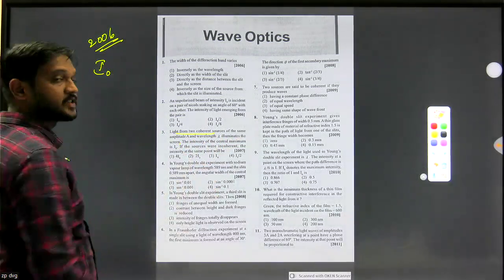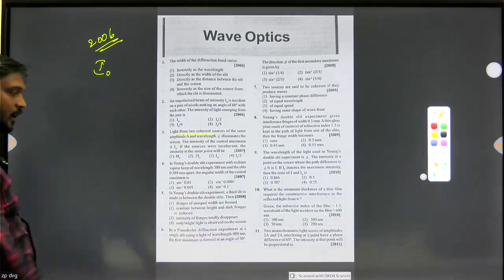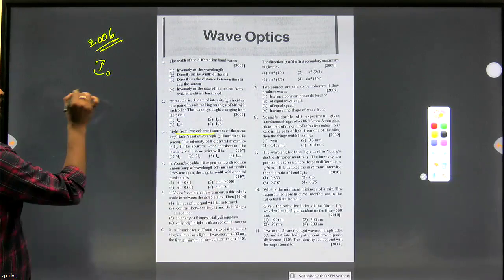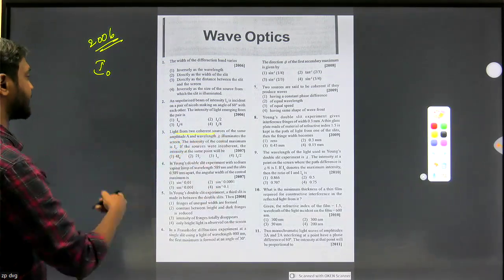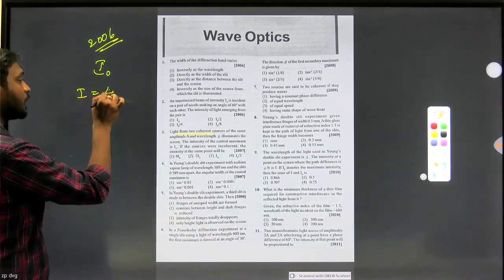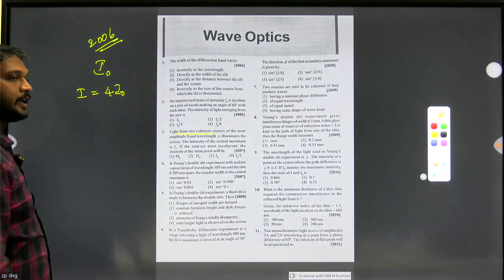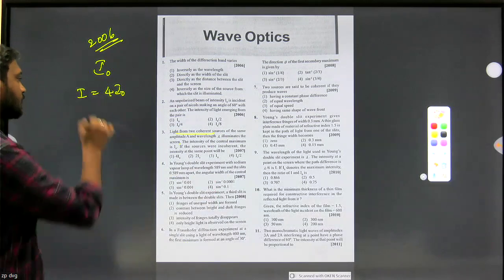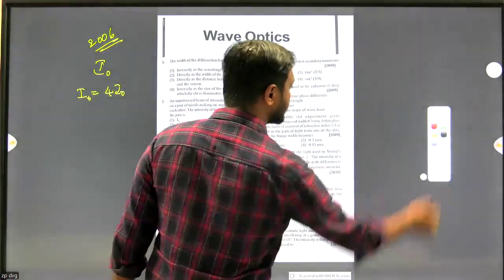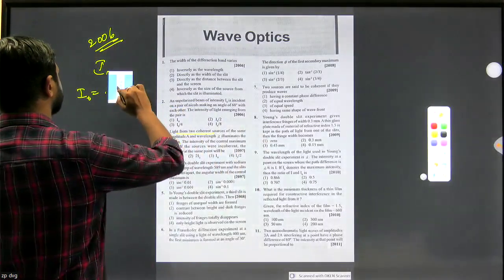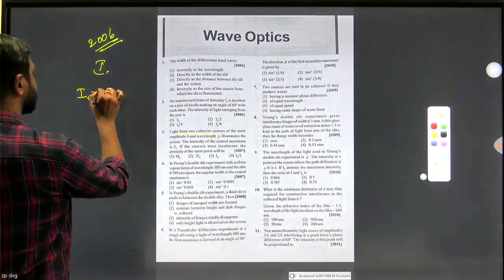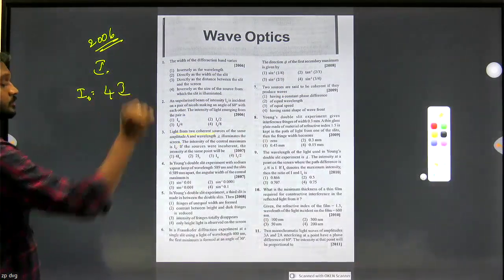If the sources are coherent, I naught equals 4 I.